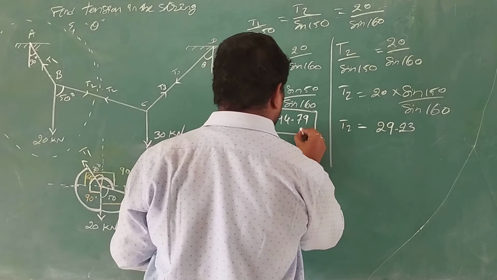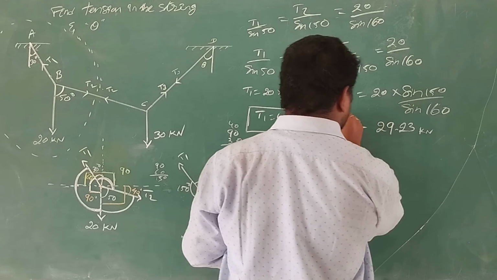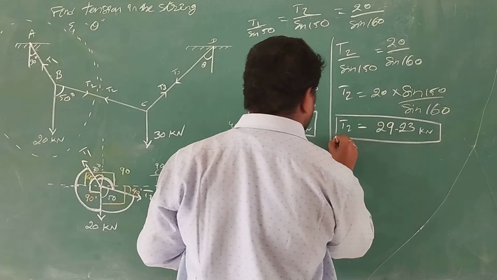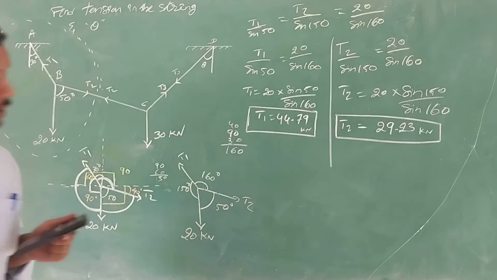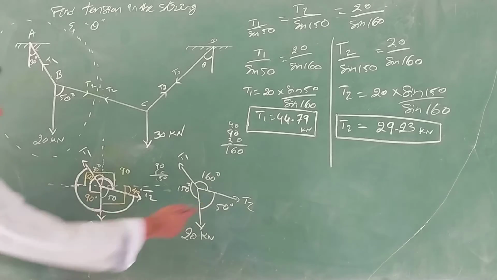So this is all irrelevant. Okay? Don't forget its units. Units are very important. So we found T1 and T2. Okay? Any doubt? So this part is clear.